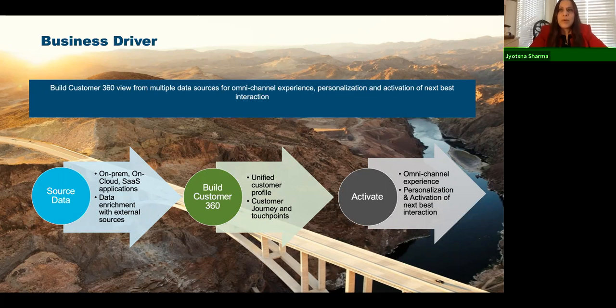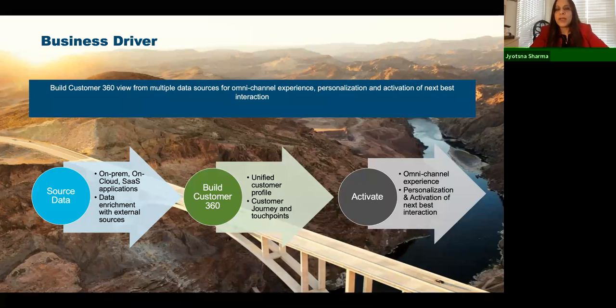And so how do we really achieve that? Well, in order to enable real-time personalization and activation, first and foremost, you need to know your customer well, their likes, dislikes, their journey and experience traversing through your digital channels, all their touch points, their interactions with you, all their transactions.